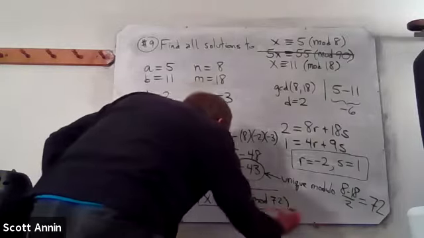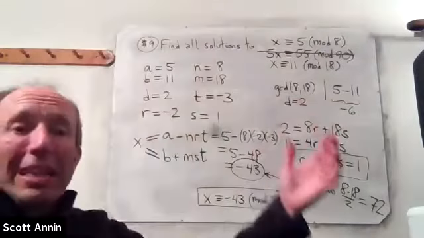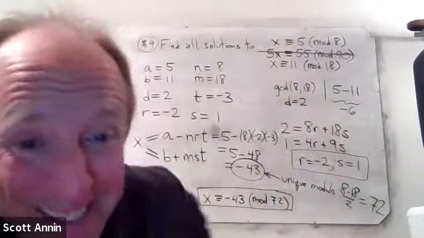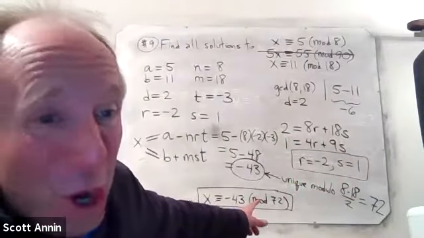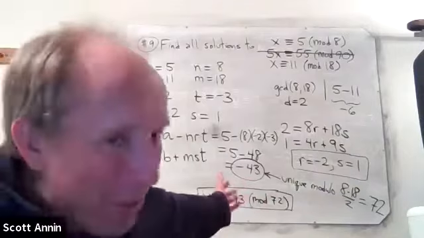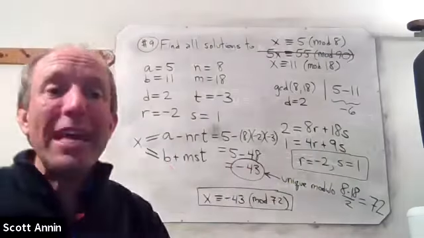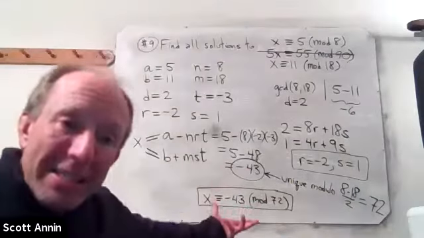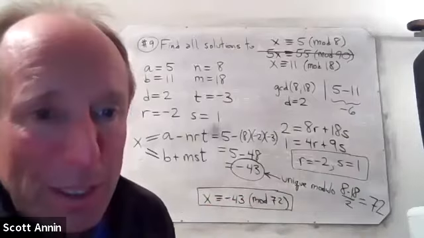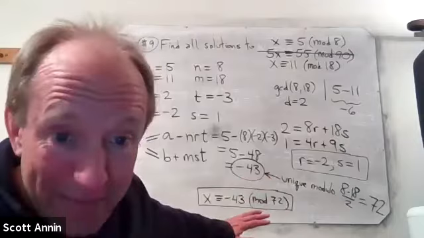This is the answer. You cannot write down all of the solutions literally because there would be infinitely many of them. We can add and subtract 72 all day long and come up with more and more solutions. So you can't list every solution, but you can express the solution in just one line right here.